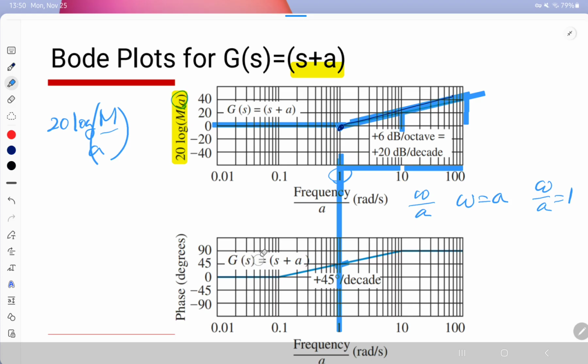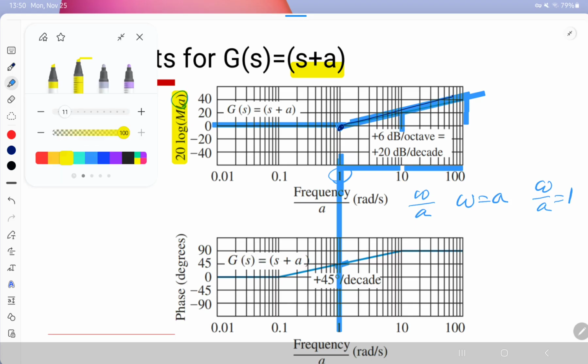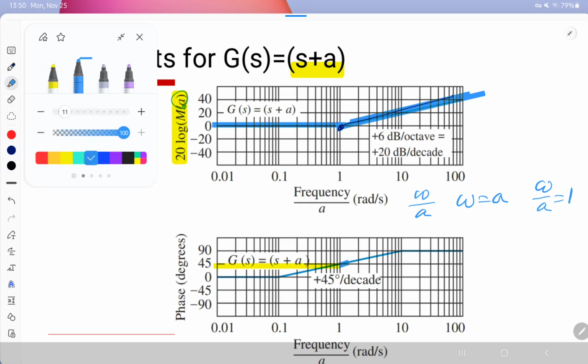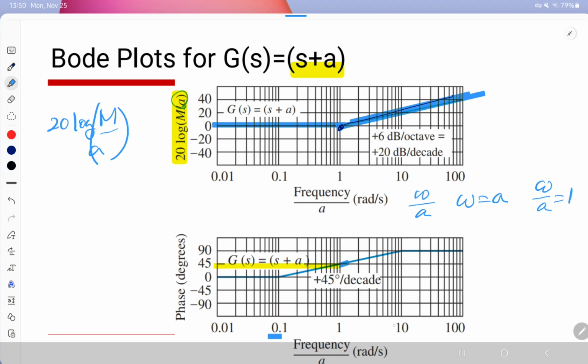That's where it is. So I'm going to represent this as more of a guideline right there, and the blue one as the actual asymptote. And then when you draw it, there will be 1 decade before, 1 decade after of your interest. Straight line through the 45 degrees; before it's 0, after it's 90 degrees.